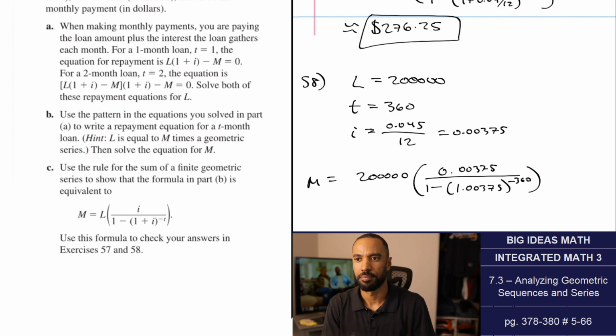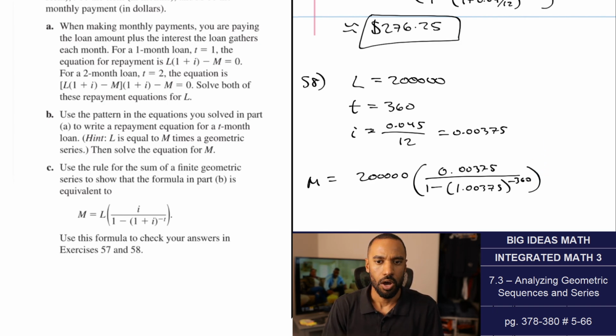Like that. Okay. 200,000 times 0.00375 divided by 1 minus 1.00375 raised to the negative 360.